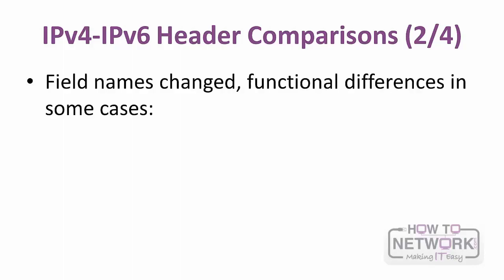We will continue with IPv4 fields whose names changed in IPv6, with functional differences in some cases. DSCP and ECN changed to traffic class. Both use 6-bit DSCP for packet classification and 3-bit ECN for congestion control.